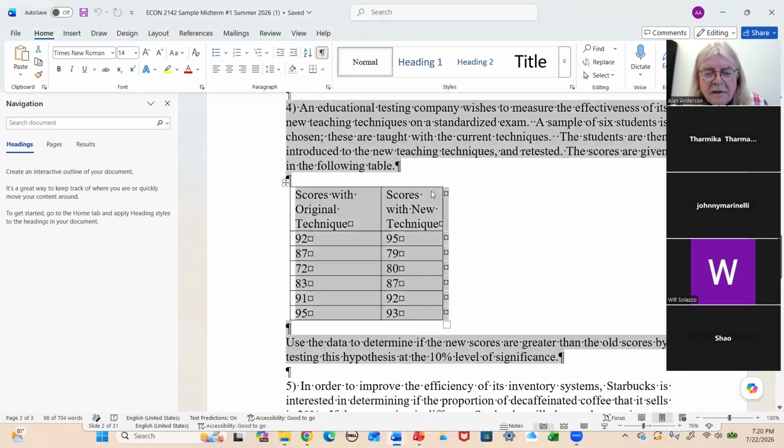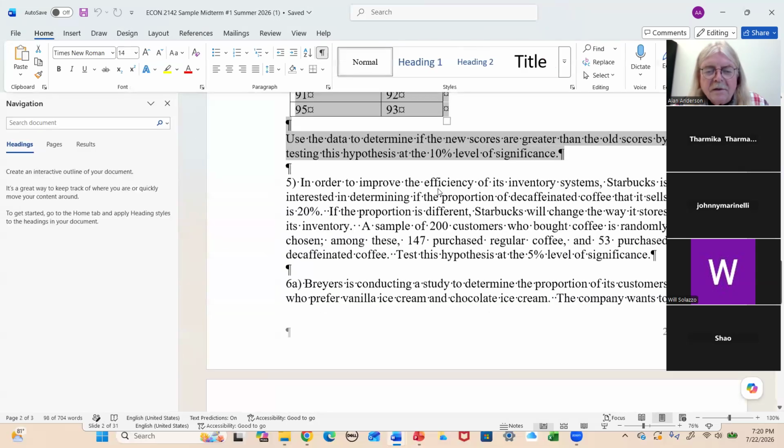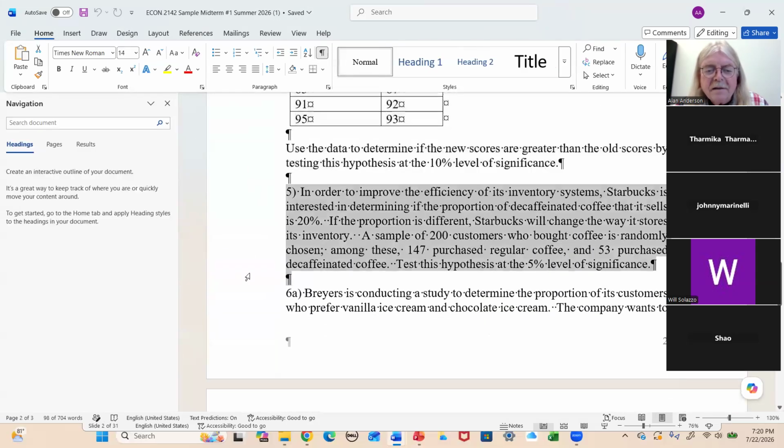Is there another one? Oh, there are others. Okay. That's fine. We need the practice. We've been neglecting proportions.